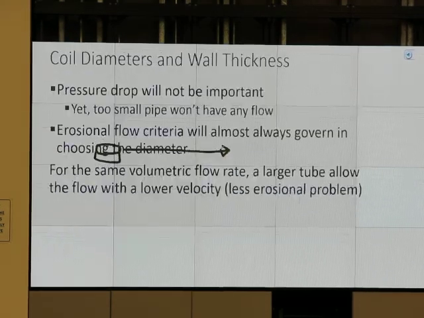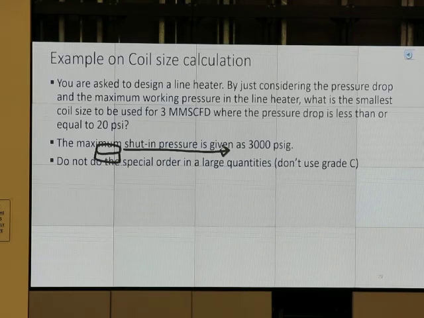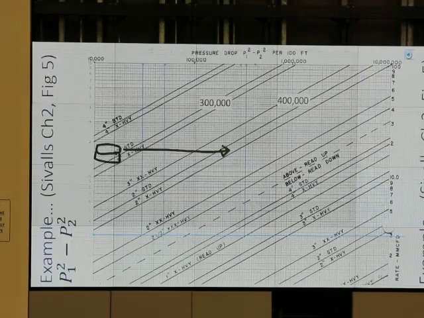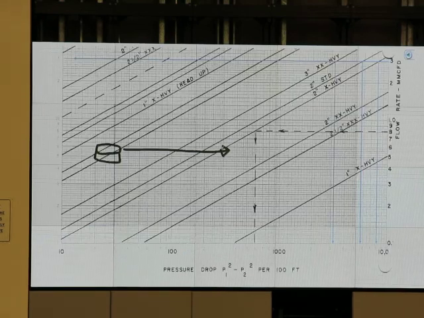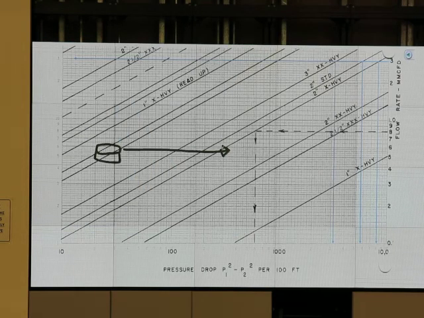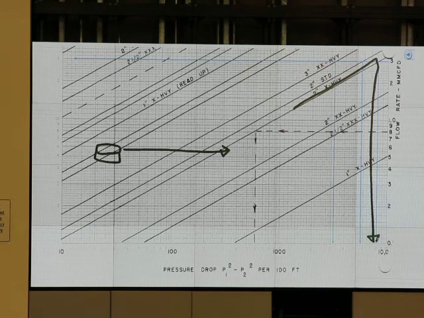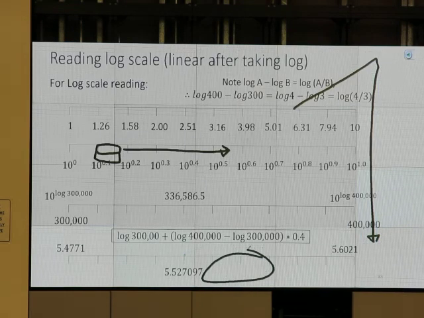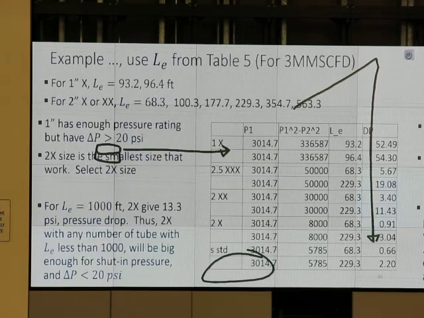That model has X or double X. So for just 2 inch X, we get P1 square minus P2 square, and we still have to do a little bit more math.